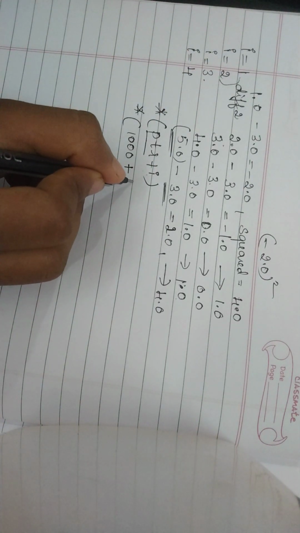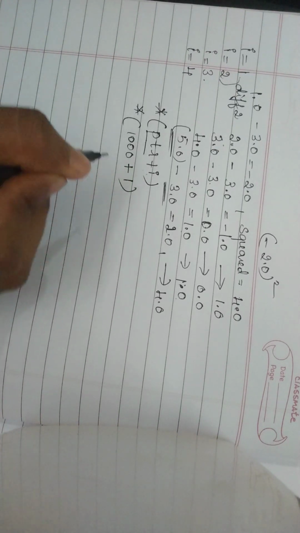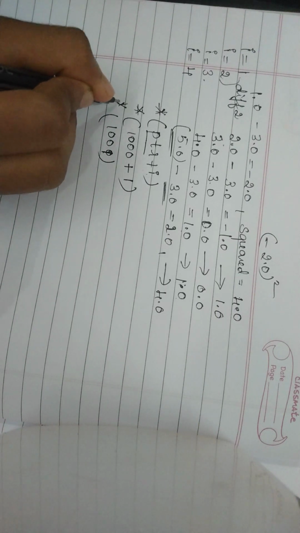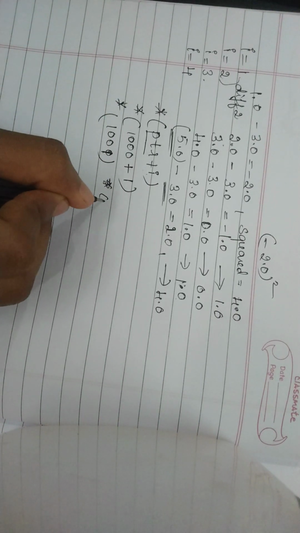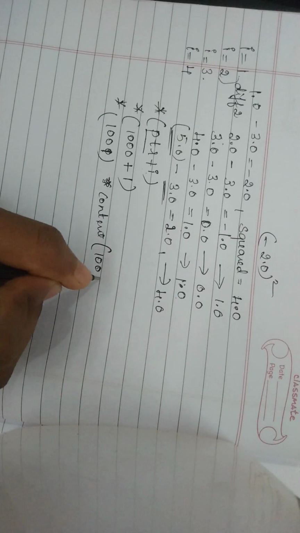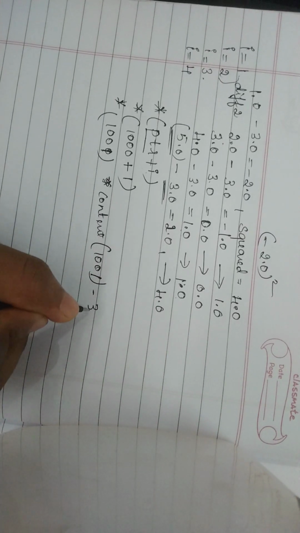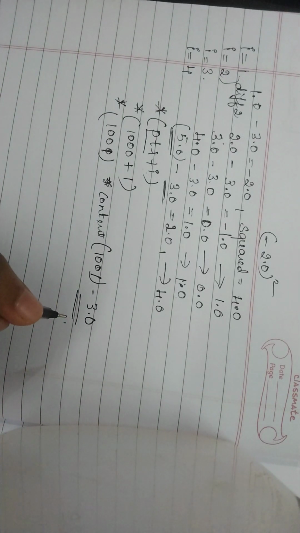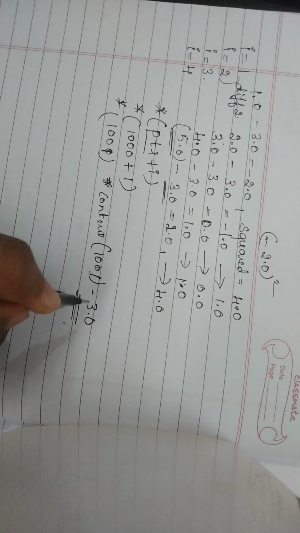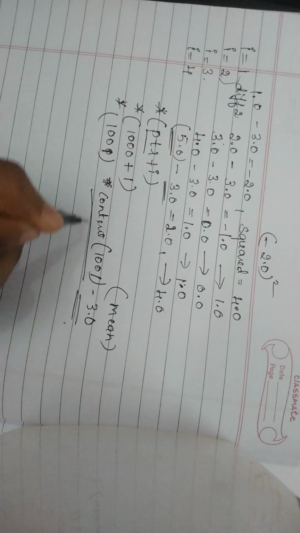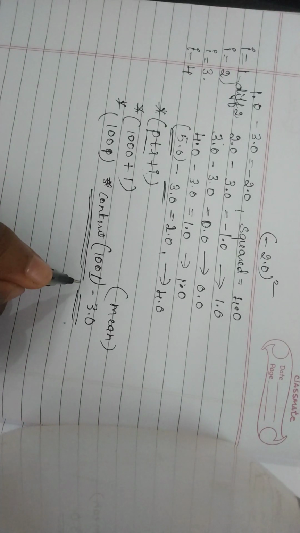The content of 1001 minus 3.0, it's the mean value, and this goes on for 1002, 1003.